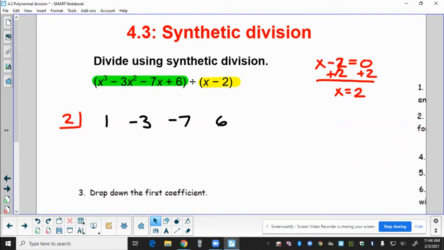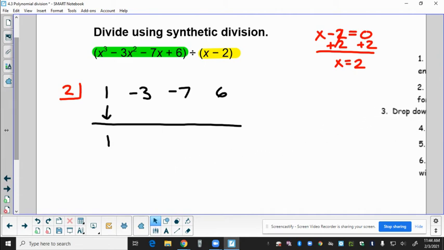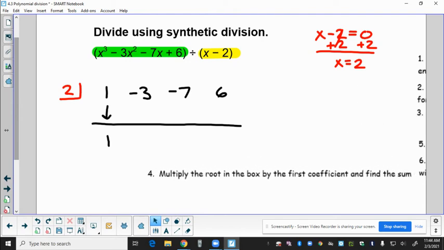Number 3, drop down the first coefficient. So what you do, draw a line, drop down that first number, whatever it is. Okay, so stay with me here. It's a long process, but it gets quick after you learn what to do.